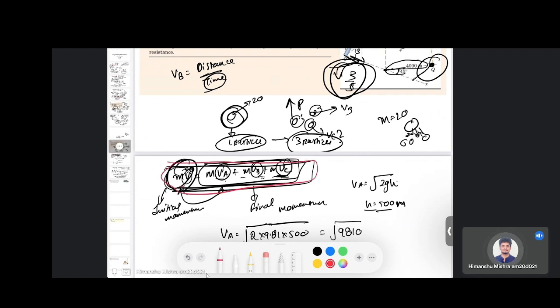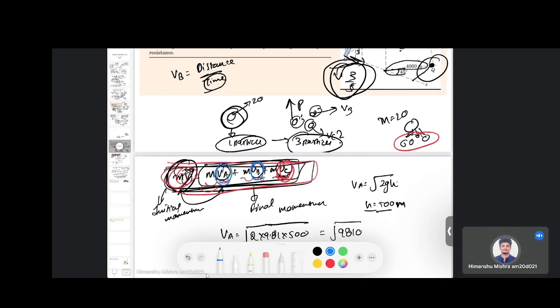That is, my mv initially is equal to mass multiplied by velocity for the final momentum due to these 3 particles. To calculate the velocity of fragment C, we need to calculate the velocity of fragment B and the velocity of fragment A. For fragment A, it is given that it is rising vertically after its split.